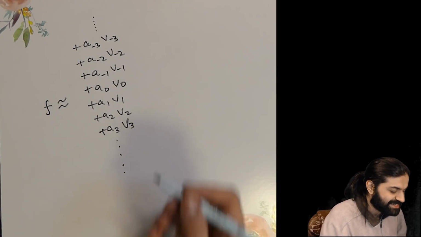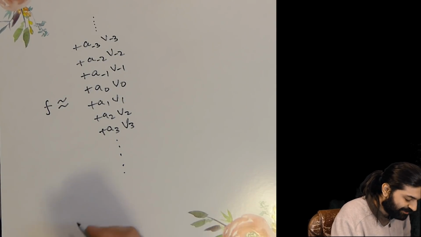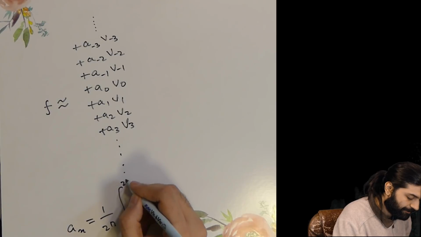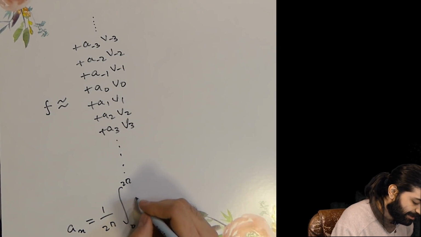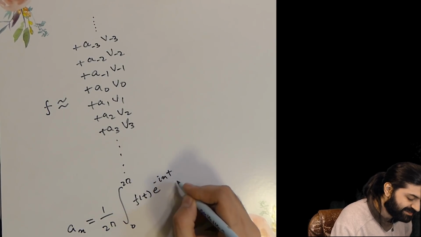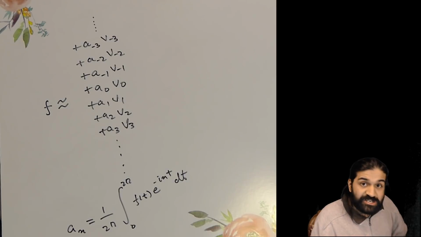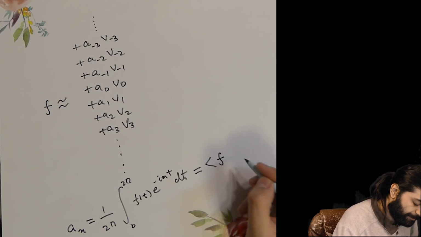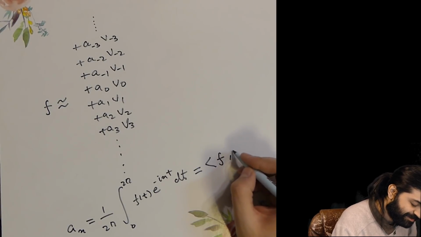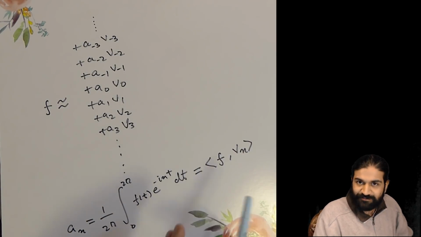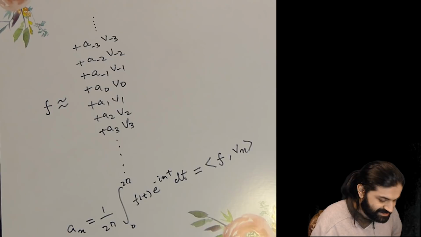Now, what I want you to notice is these a_n's are precisely, if you remember, what are these a_n's? Each a_n is 1 over 2 pi, the integral from 0 to 2 pi, f(t) e to the negative int dt, which is precisely the inner product of f with v_n. If you just look at the formula previously, this is precisely what that is.